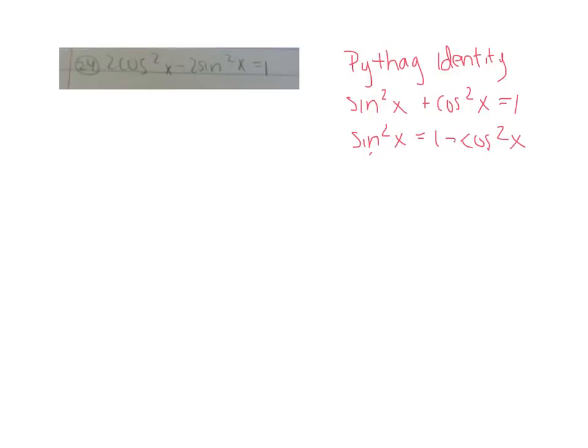Alright, so the first thing we're going to do is substitute for this sine squared and plug in 1 minus cosine squared. So the new equation would be 2 cosine squared minus 2 times 1 minus cosine squared equals 1. So we're going to go ahead and distribute this negative 2.